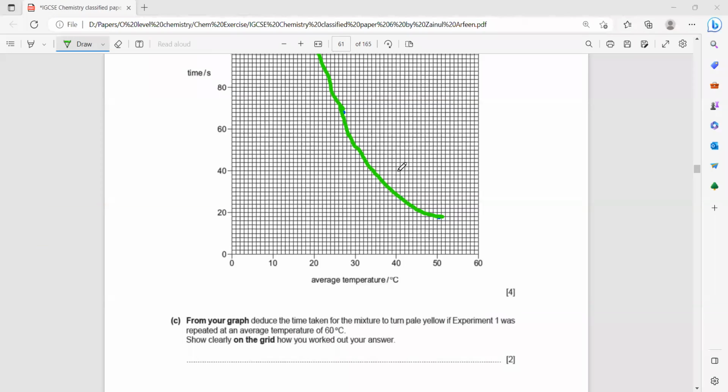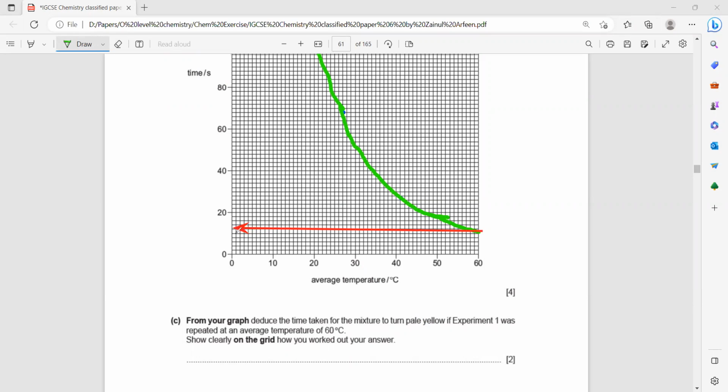Look, we don't have the value for 60, so we have to extend our graph, like follow the pattern. The last point which we were having was 50, so we just follow the pattern and find how much the temperature change is accordingly.